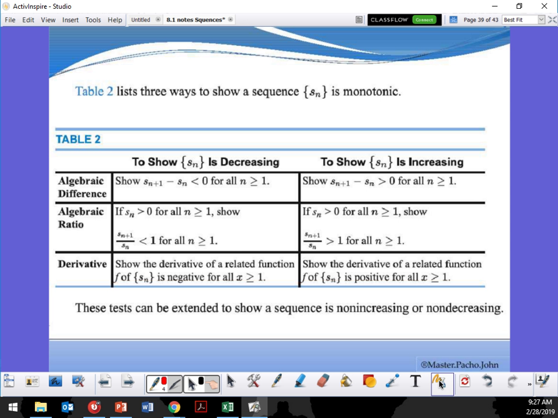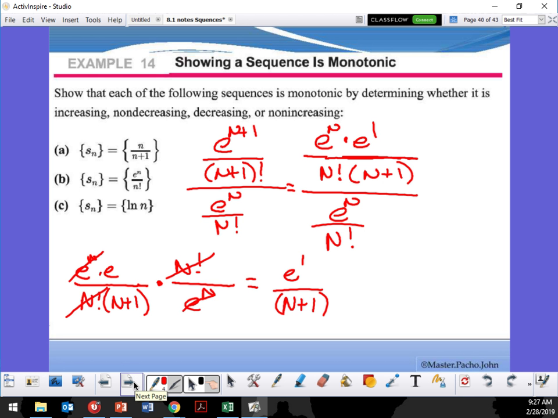Well, once n is greater than e, it's going to be less than 1, but when n is less than e, it's going to be greater than 1. Because at 1 it'd be e over 2, next one's going to be e over 3, e over 4, which are less than 1. So for those ones right there, we're going to say that those are less than 1.